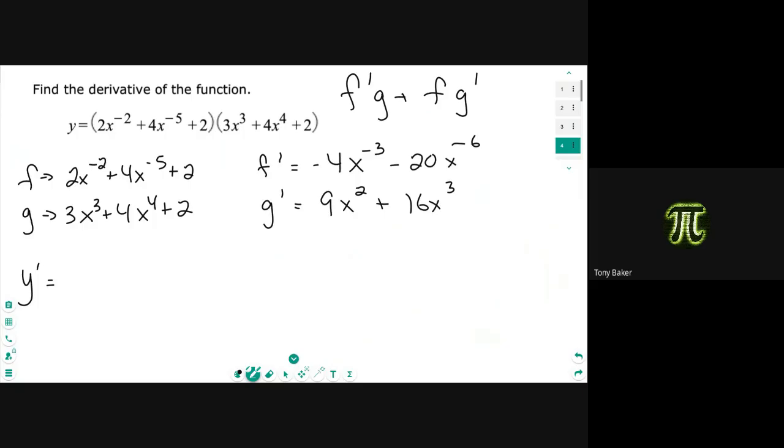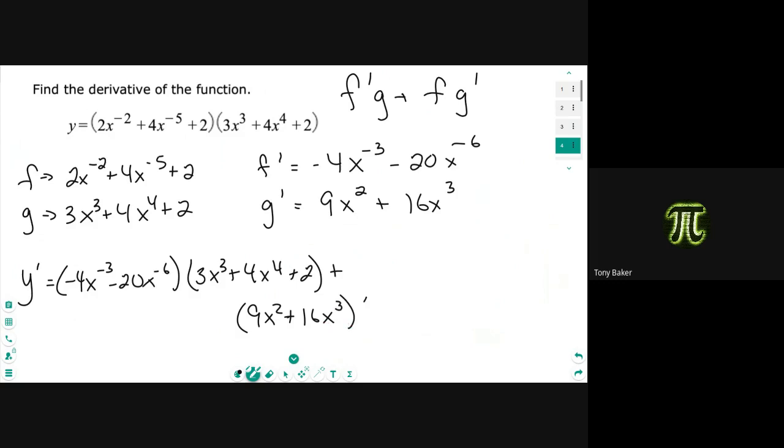So then it's negative 4x to the negative third minus 20x to the negative sixth times 3x to the third plus 4x to the fourth plus 2, plus 9x squared plus 16x to the third times 2x to the negative second.